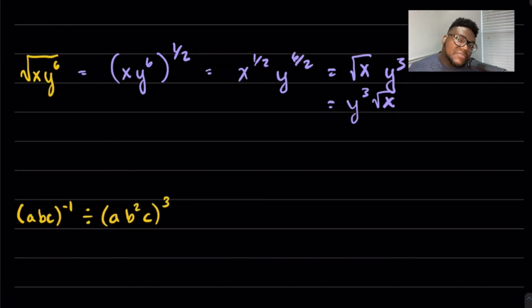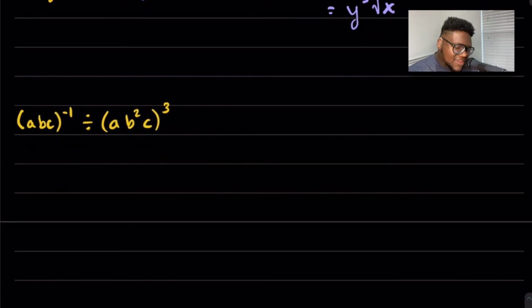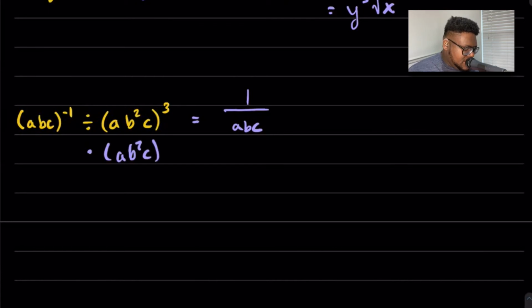And then last but not least, AB to the -1 divided by this. So here's what I'm going to think about it like this. ABC to the -1. I can think about that as putting A, B, and C all under the denominator. Another thing I can think about actually is doing this right here.